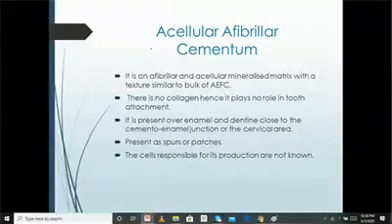This acellular afibrillar cementum is a mineralized matrix which has a texture very similar to the bulk of the primary cementum. However, the difference is that this type of cementum does not have any collagen in it. As the name says, afibrillar. It does not have any collagen, and hence it has no role in tooth attachment or adaptation.